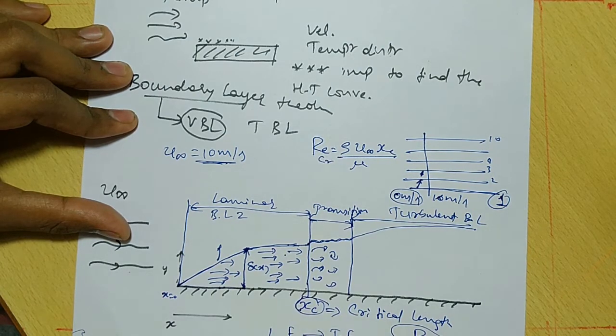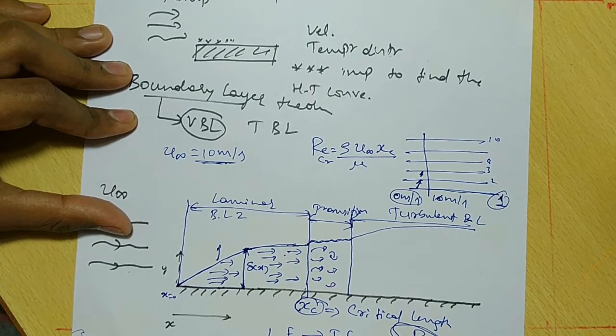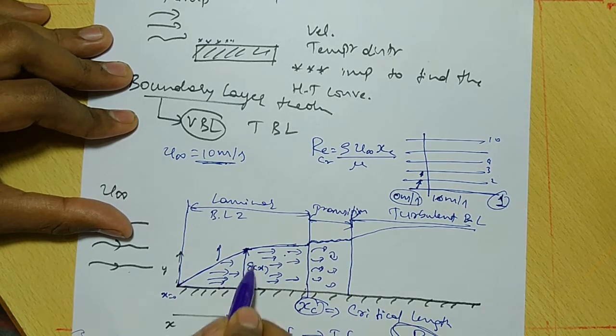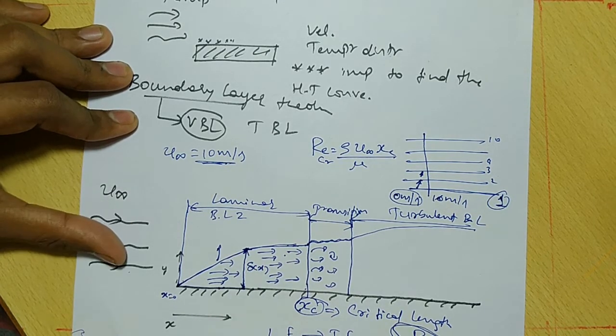This xc and critical Reynolds number are very important while solving problems, and the boundary layer thickness delta x also has to be found in the problems.